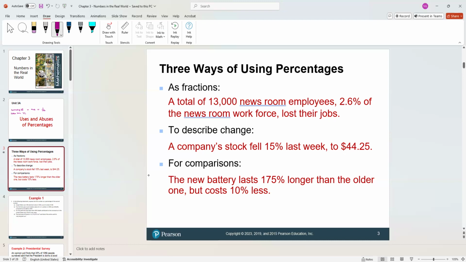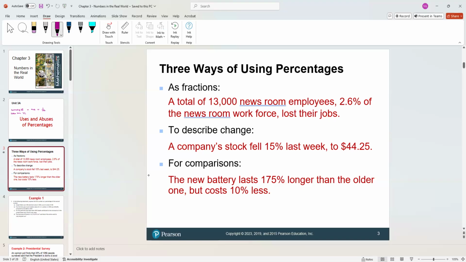The first one uses a percentage to express a fraction, so that's a fraction of the total workforce. The second uses a percentage to describe a change in stock price, and the third uses percent to compare the performance and cost of a battery. So that's very important to see it that way.